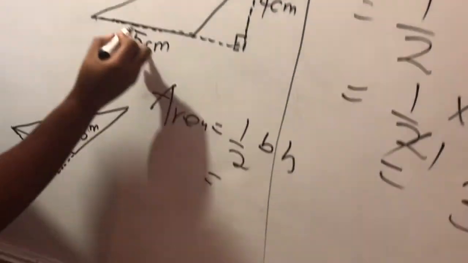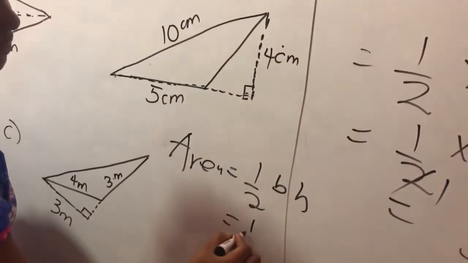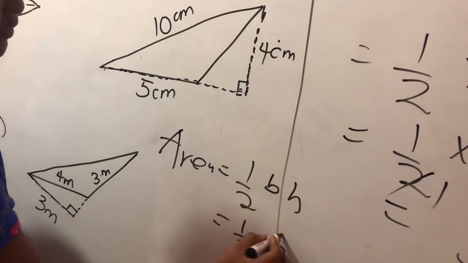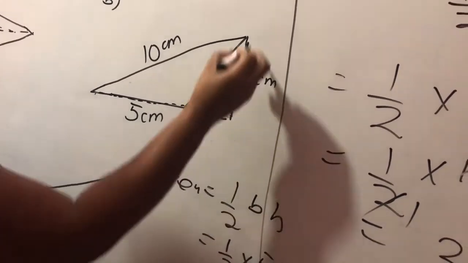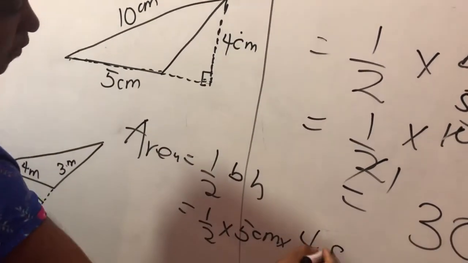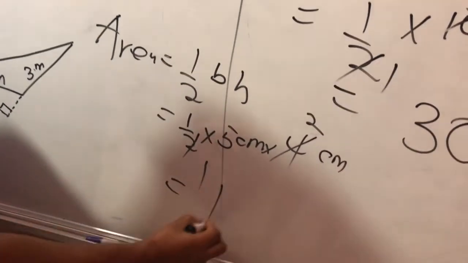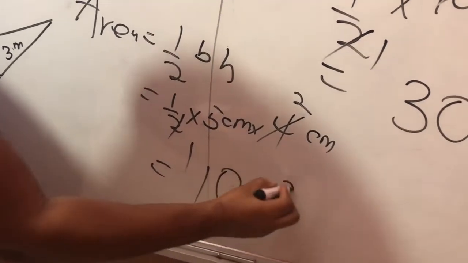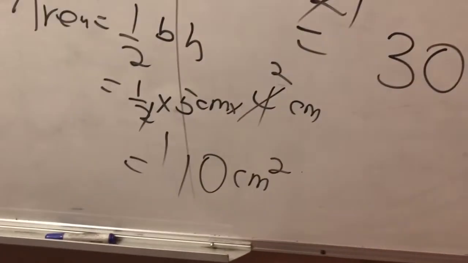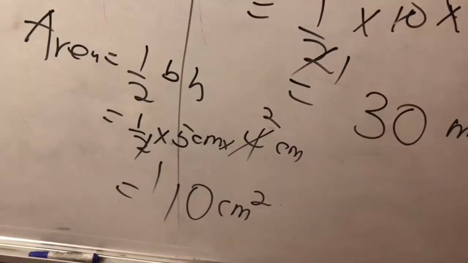Our base is 5 centimeters, so half times 5 centimeters. The height is 4 centimeters. 2 here, 2 here. And what is our answer? 10 centimeters squared.